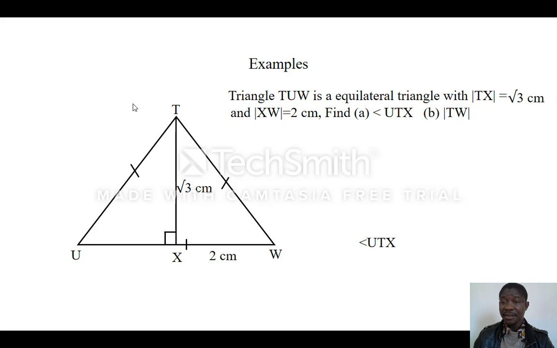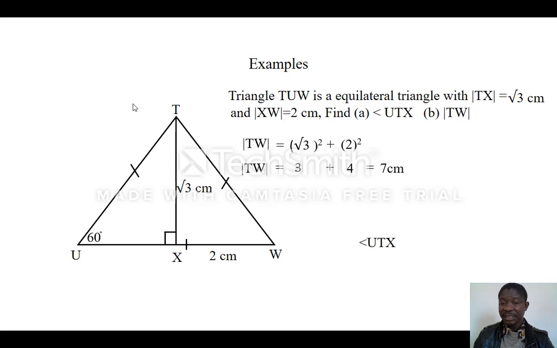From Pythagoras theorem, the length TW squared is equal to root 3 squared plus 2 squared, which gives us 3 plus 4. Therefore, TW gives us 7 centimeters.